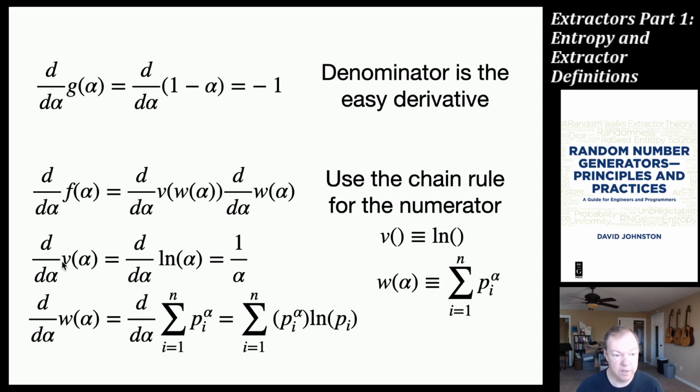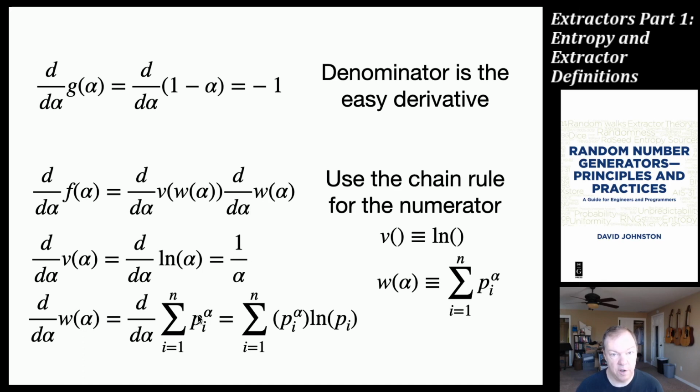So we define the outer function v as the log, and the inner function w as the summation. We multiply the resulting differentials of those two things together using the chain rule. The differential of log alpha is 1 over alpha.